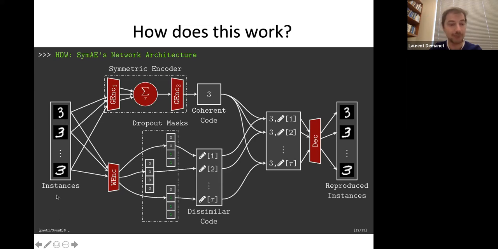On the left, you have a data set that you'd like to be able to reproduce with the neural network. On the right, you have the reproduced instances, and the loss function of this autoencoder, if you're not familiar, will just be the expectation of the difference between those, properly discretized. So you just want to reproduce in a least squares sense all these images. Then the idea of an autoencoder is that you have a bottleneck of information in the middle.